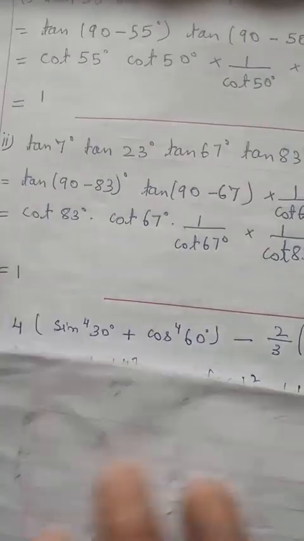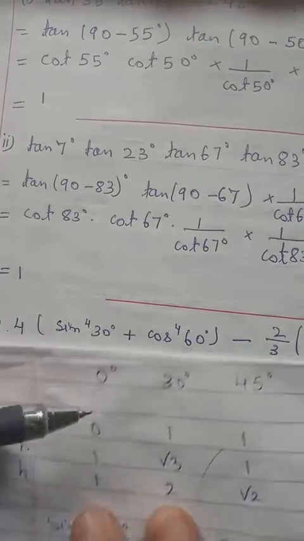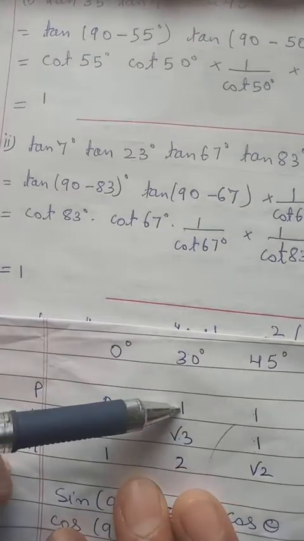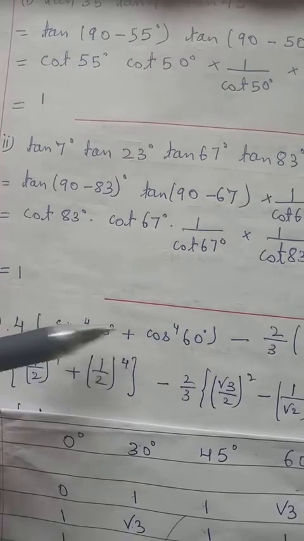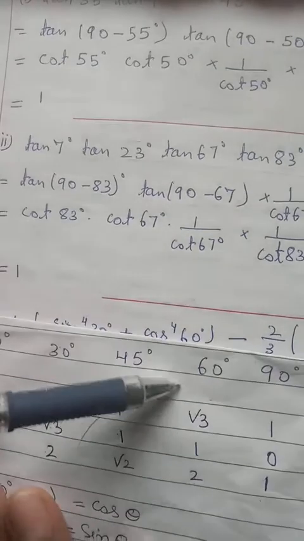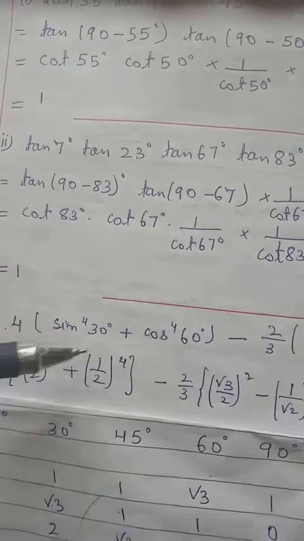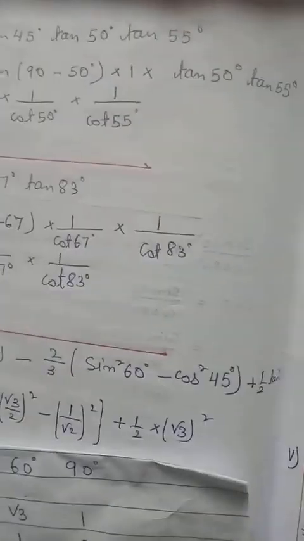4 from the question, let it remain 4. Then here sine 30, we know p by h, so it will be 1 by 2. Here you have power 4, so put whole power 4, plus. Now cos 60, we know b by h, again 1 by 2 whole to the power 4. Then minus 2 by 3.